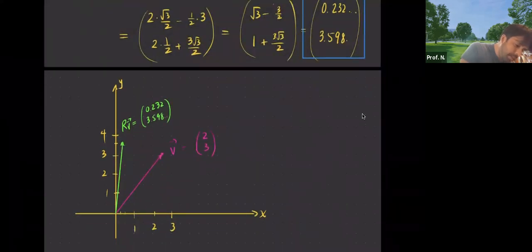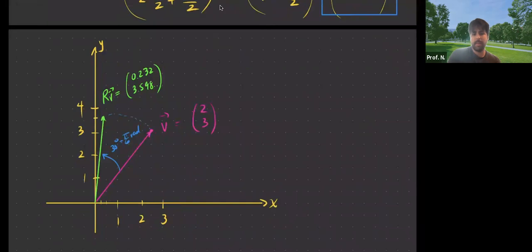So this rotation here was 30 degrees or pi over 6 rad. Okay, I try to do it to the best of my ability.